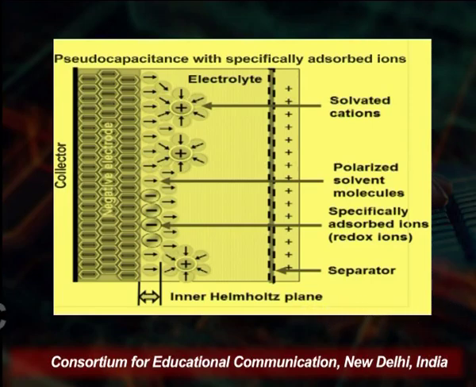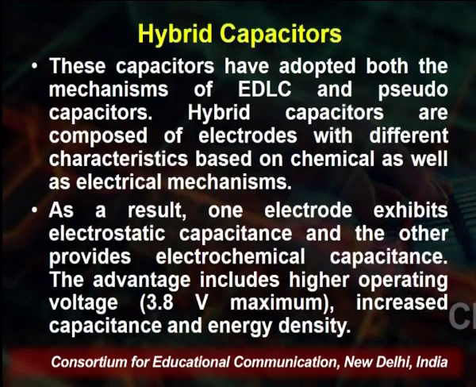This is a polarized solvent molecule, and then we have the specifically adsorbed ions, that is the redox ions, and this is the separator we are using. This is the inner Helmholtz plane. So, left hand side we have the collector, and here we collect the charges, and that we store the energy.